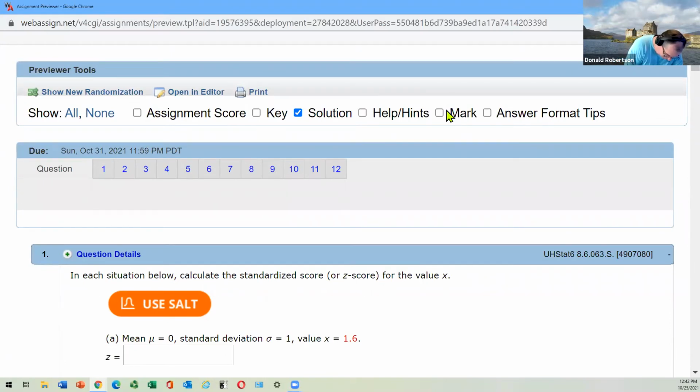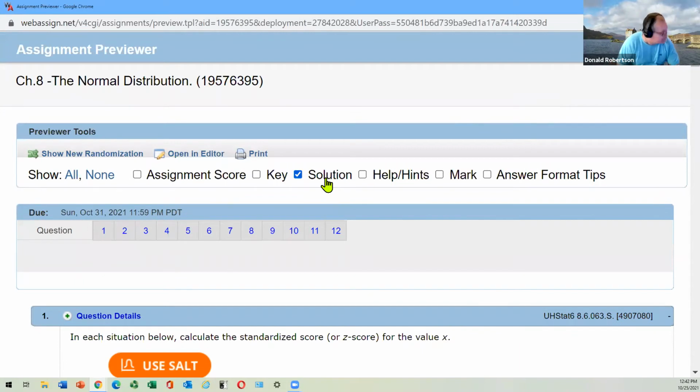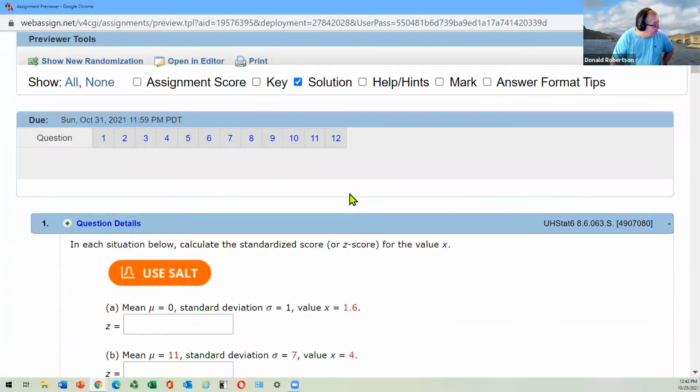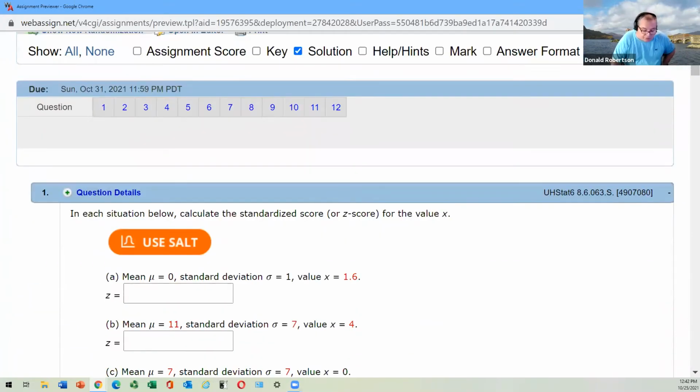So this is going to be notes. Where are we? Chapter, forgotten what the number is, 8. The normal distribution. And we're going to do a little bit of revision because we've actually met some of this before.